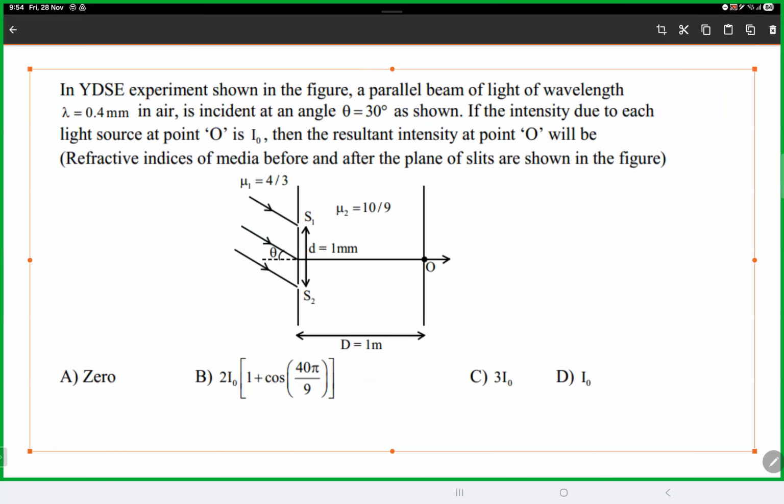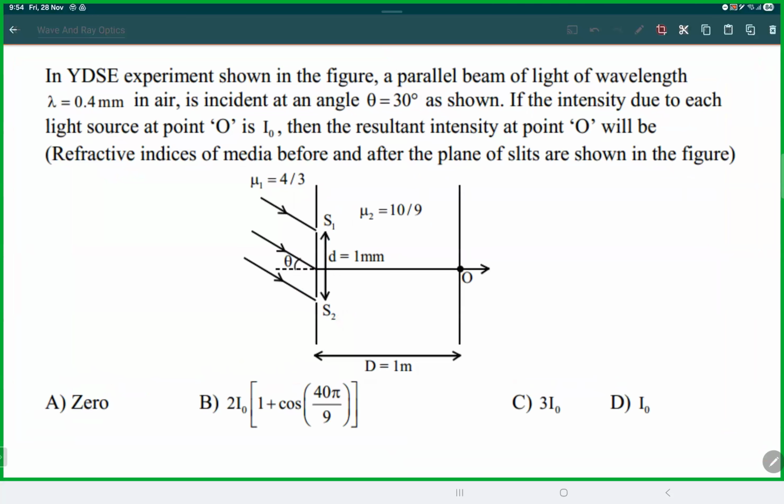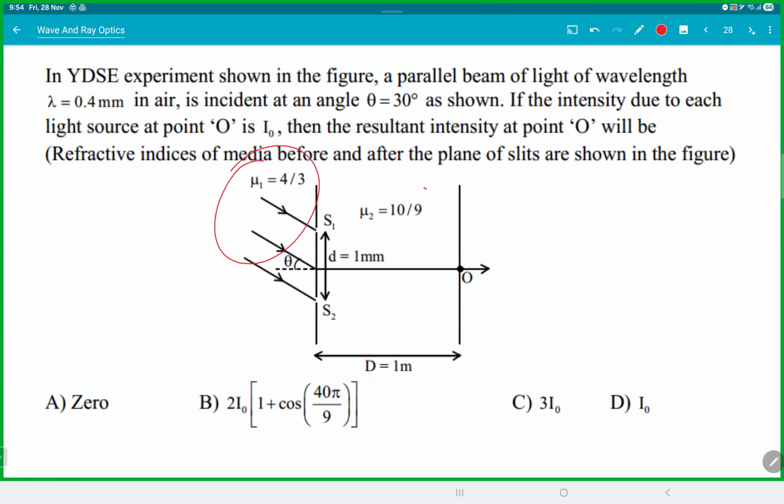This is another good one. You have a medium on the left side, 4 by 3, and the medium in the middle, 10 by 9.